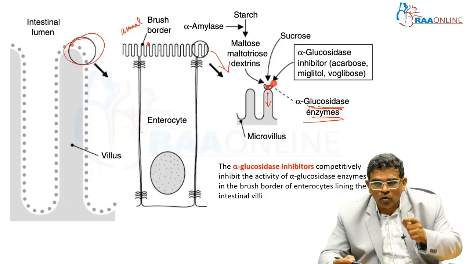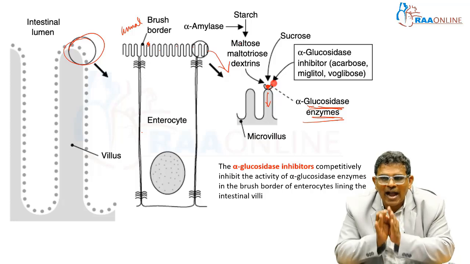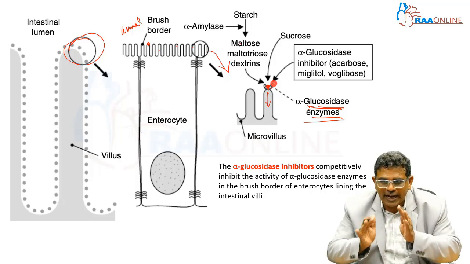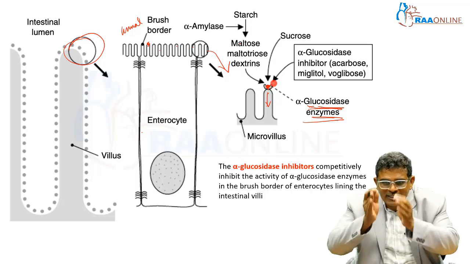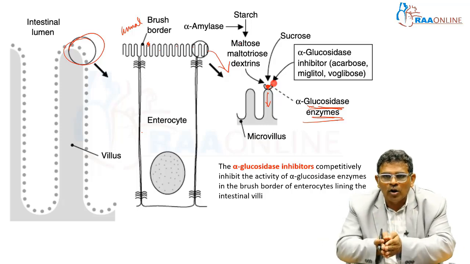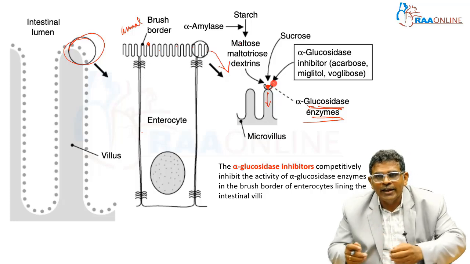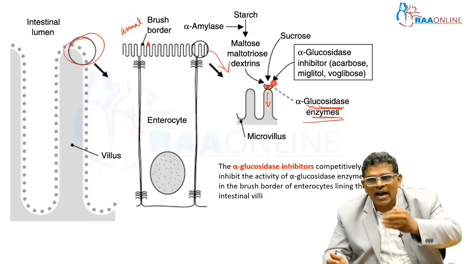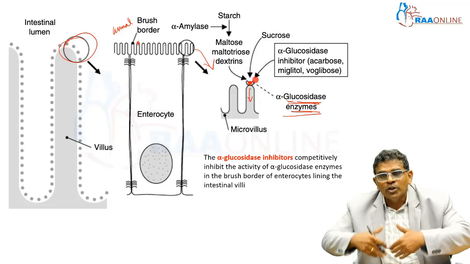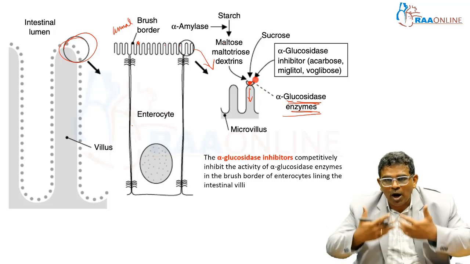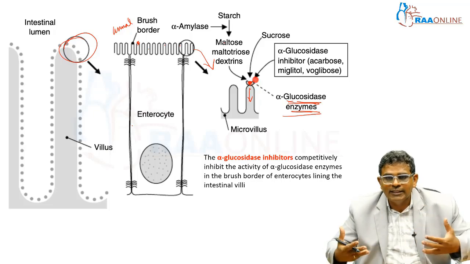Now the alpha glucosidase inhibitors competitively inhibit the activity of the alpha glucosidase enzyme. They go and sit on the place where alpha glucosidase is present, whereby they do not allow the maltose, maltotriose and dextrin to get attached to the alpha glucosidase enzyme, so the conversion of maltose and dextrins to glucose is blocked.